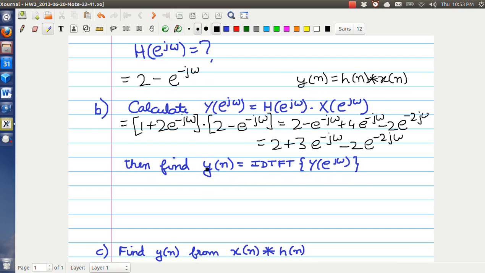Now we are asked to find the time domain y of n as the inverse DTFT of Y(e^{j omega}).